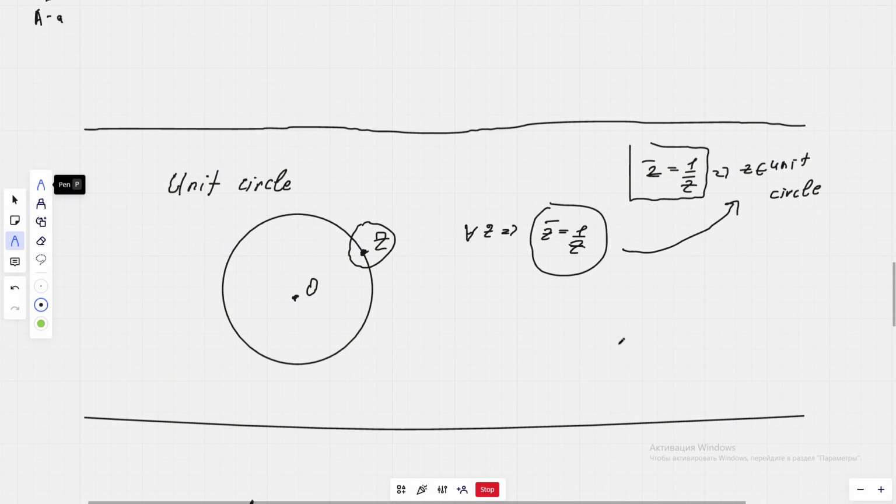This is really helpful and is used in, I would say, every geometry problem that you could solve with complex numbers. And this is pretty much the basic knowledge that you'll need to prove other formulas, other statements. So let's move on to our first problem.